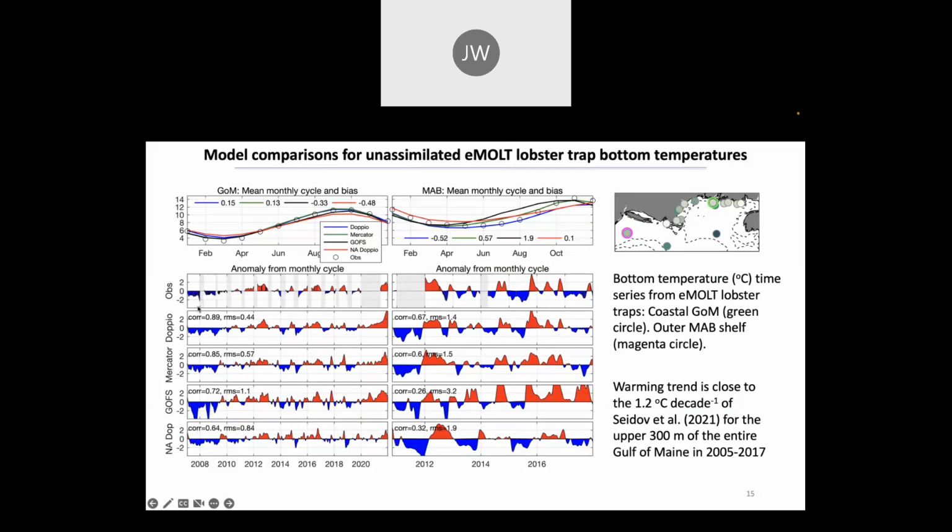And you can see in our model, we've captured those observations very well. And I just mentioned this because when you look at the signal over 18 years, it goes from all blue to all red. So there's a very dramatic warming of over 1 degree per decade in the bottom waters of the Gulf of Maine, which is wreaking havoc with the groundfisheries and the lobster population in that area.